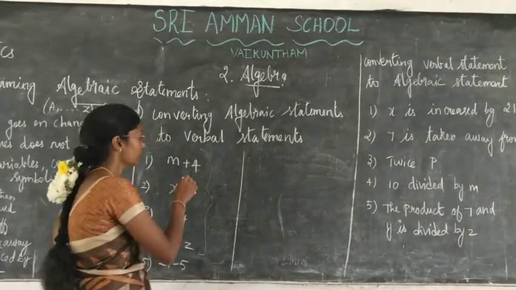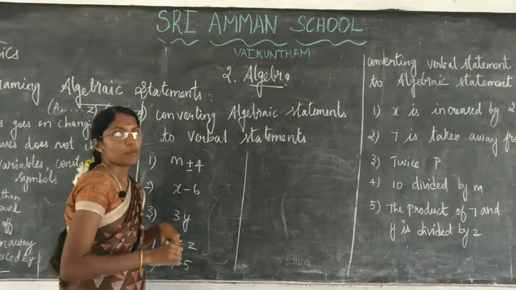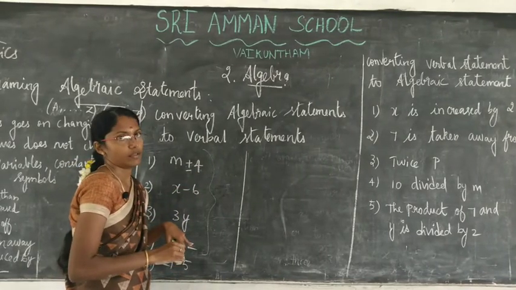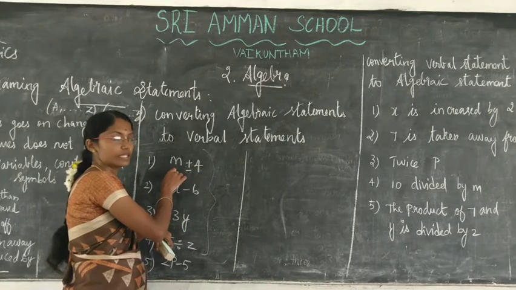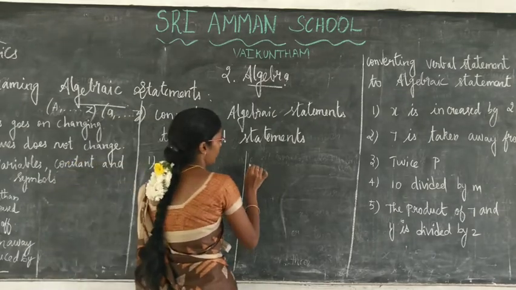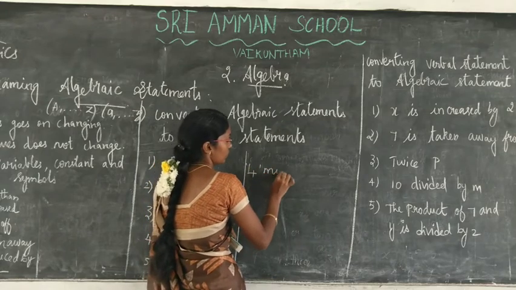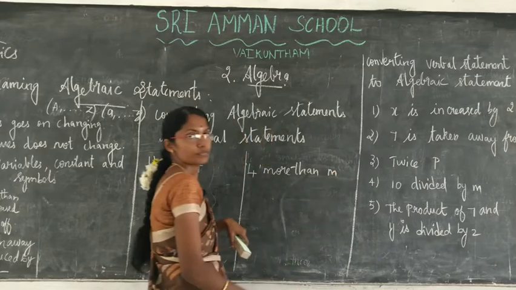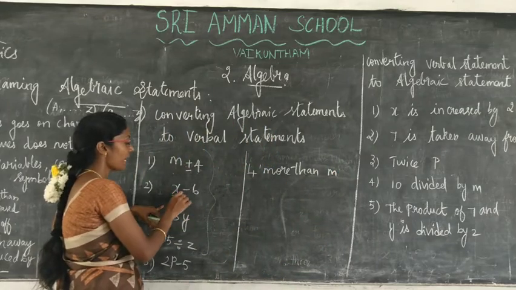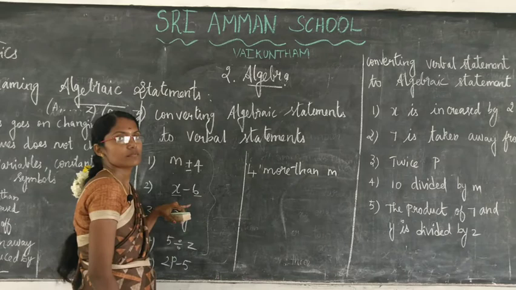How will you write? Plus symbol means more than. So 4 more than m. That is m plus 4.